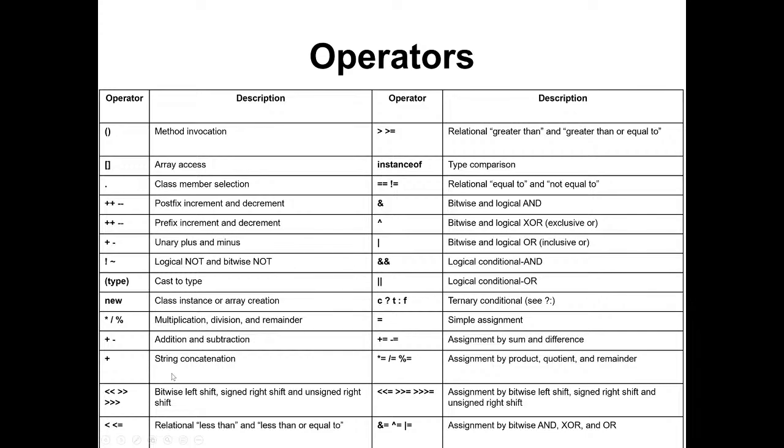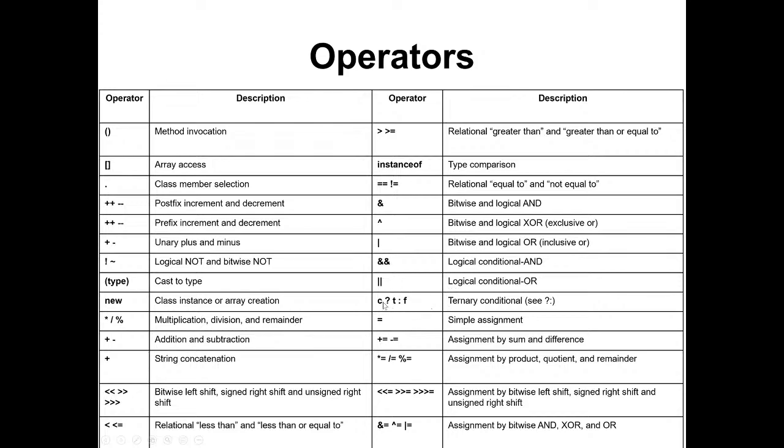Bitwise operators, we'll talk about them a bit. Relational, less than or equal, instanceof, as already mentioned. Relational equal or not equal to, returns true or false. Bitwise operators, logical and, just simple for the statements, used very often.